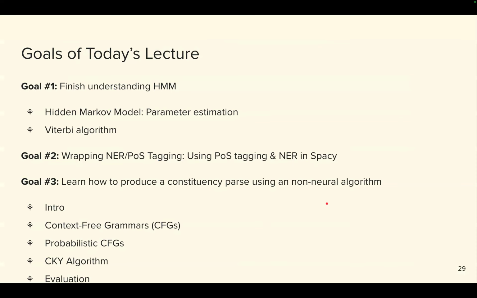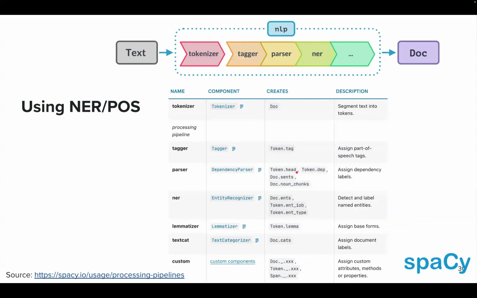Okay, so I want to wrap up named entity recognition and part-of-speech tagging by telling you how you use these models. First of all, it is unlikely that the state-of-the-art model for, let's say, named entity recognition will be a hidden Markov model with manually designed features.